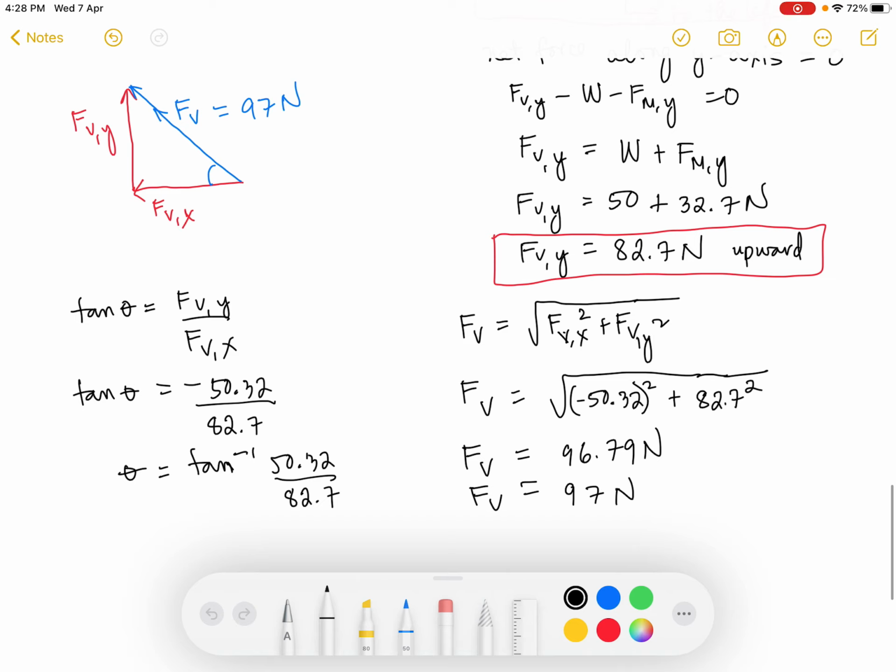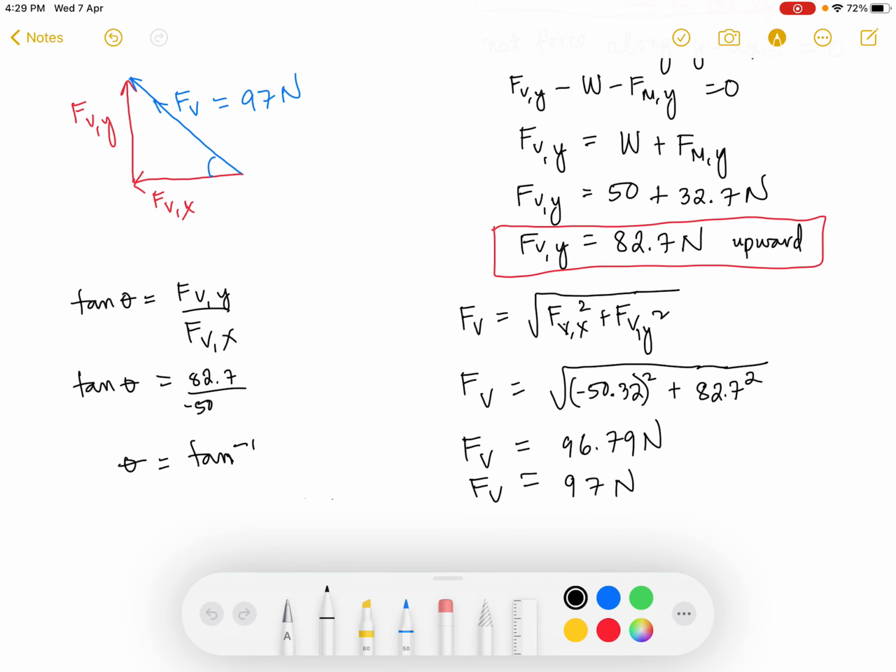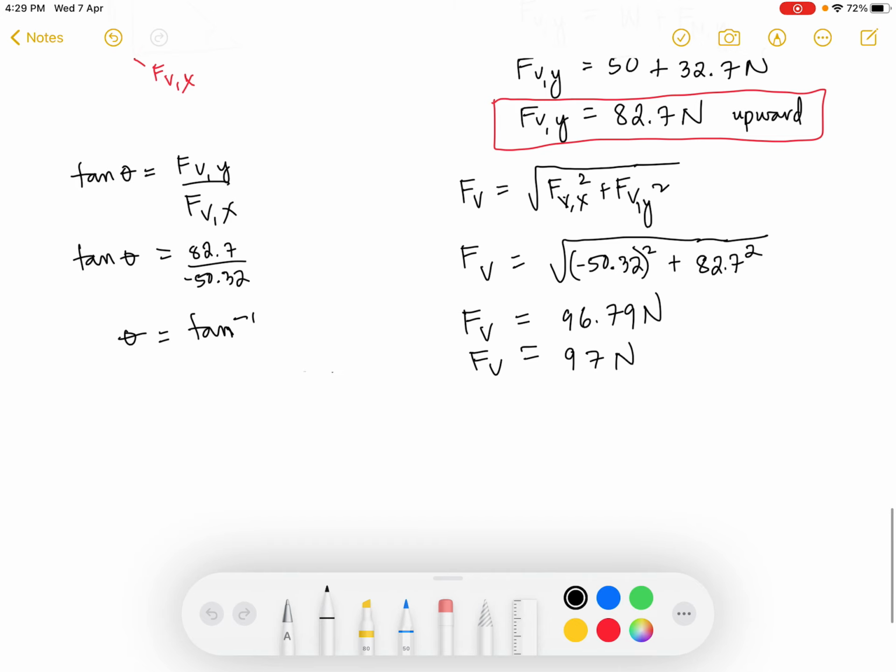Oh yeah, I got the values the other way around. Our FVY is actually 82.7. So FVY is 82.7 divided by FVX is minus 50.32. Okay. So theta will be arctangent of 82.7 divided by 50.32.